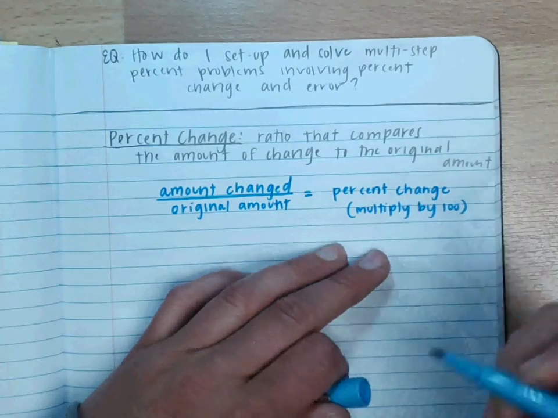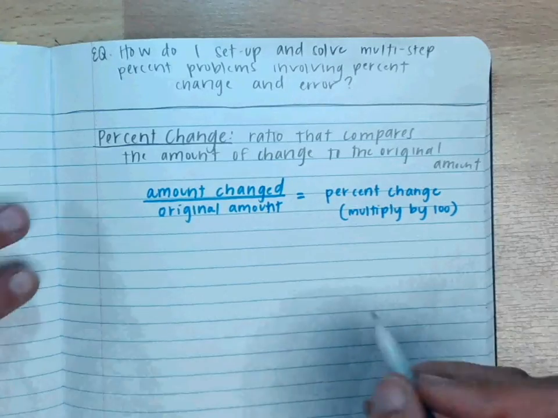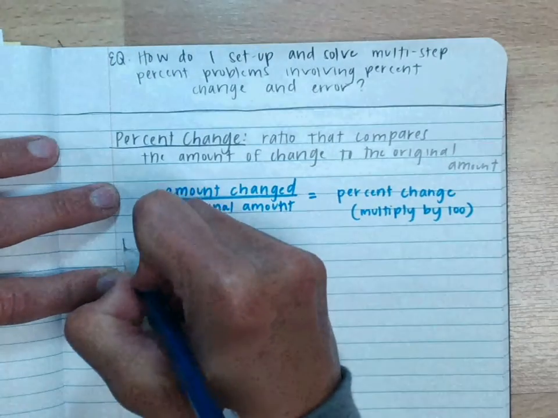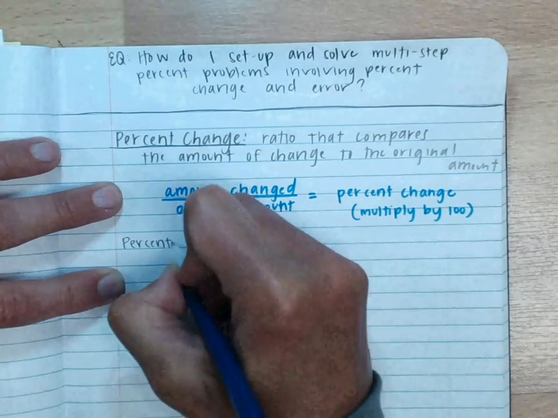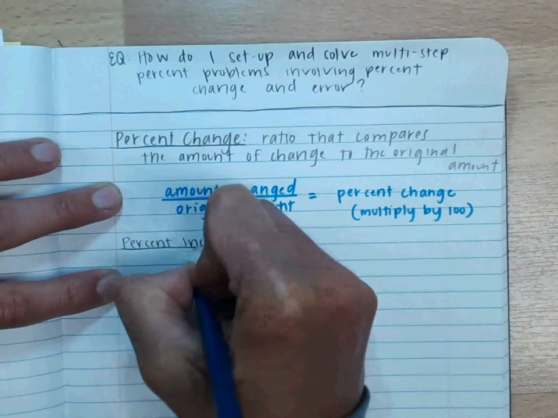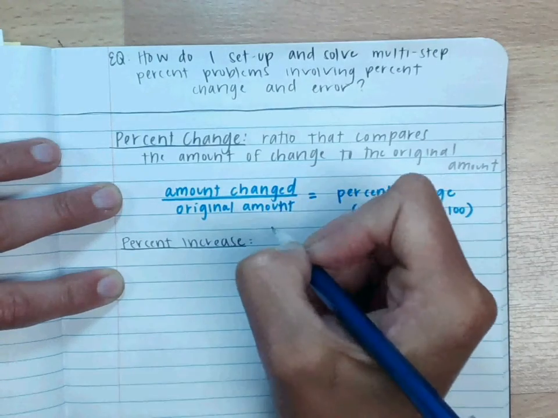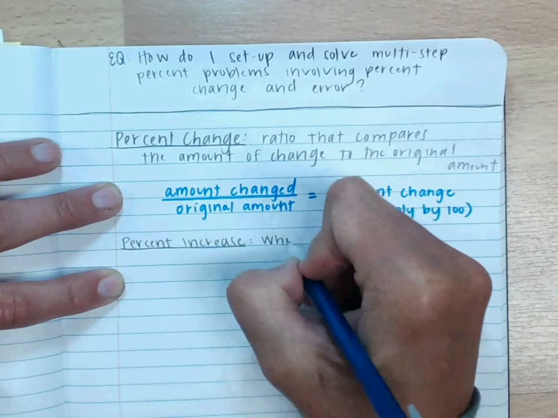Now, with percent change, there's two different types. There's a percent increase when the new amount is greater than the original amount.